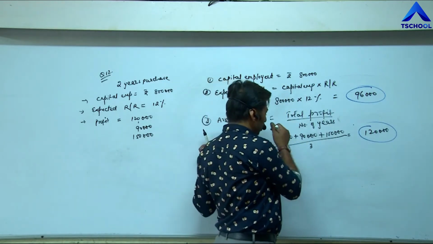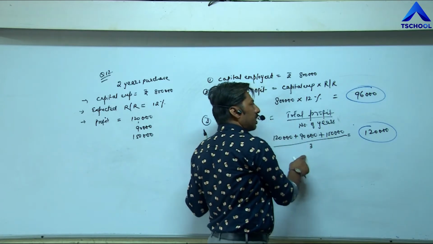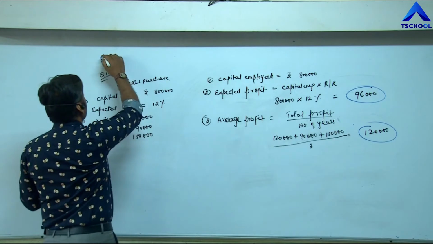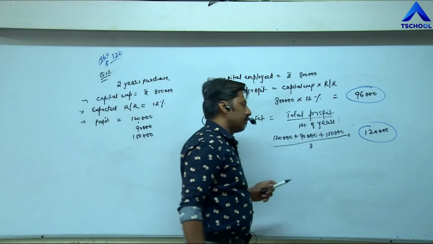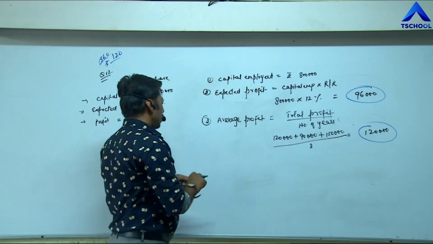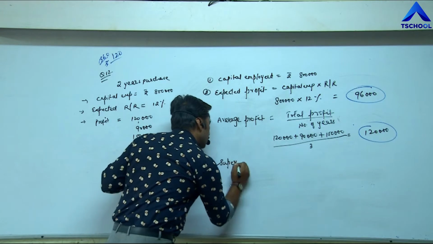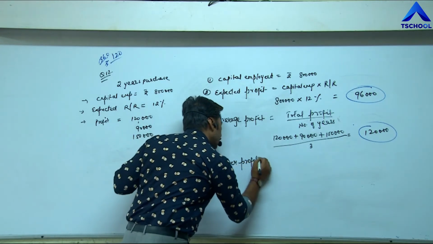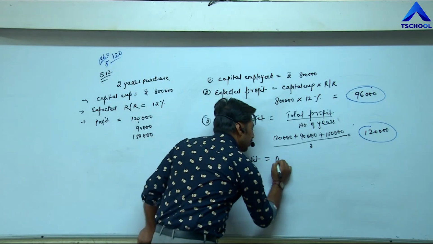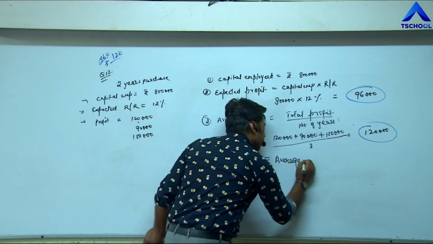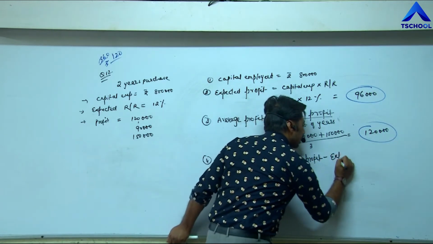1,20,000 plus 90,000 is 2,10,000, plus 1,50,000 is 3,60,000, divided by 3, which is 1,20,000. Now next step, fourth, super profit. Now calculate super profit. For super profit, formula is average profit minus expected profit.